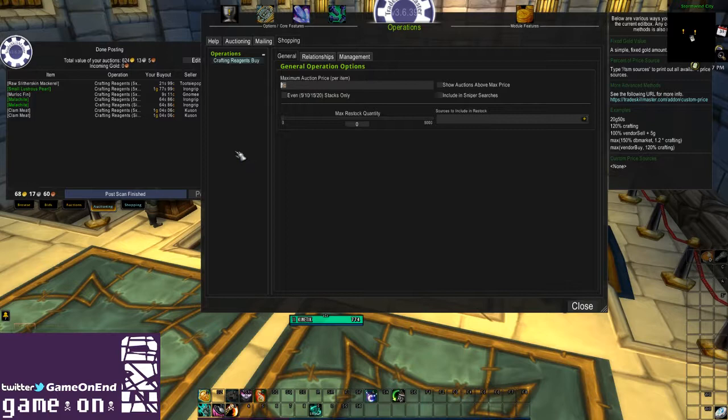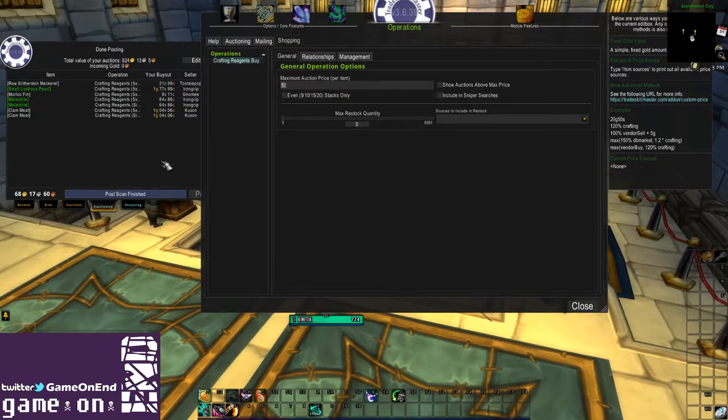If you're applying it to one item, you could just pick a price here that says, hey, this is the maximum number that I would like to buy this for. You can also have it show, when it searches, other items that are above that price.